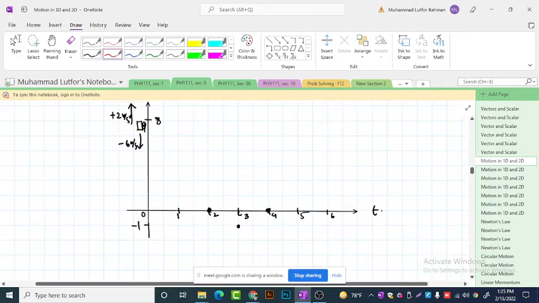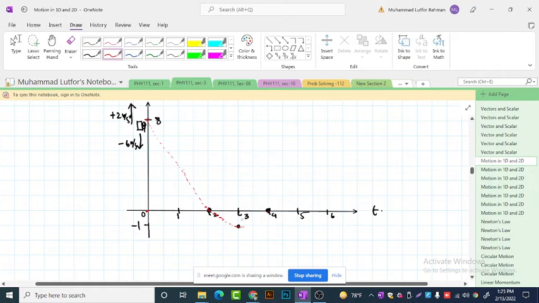When I start counting time, at that moment, it starts from 8 meters positive. Since its velocity vector and acceleration vector are in two different directions, it will slow down and slowly follow that path. At t equal to 2 seconds, it would be over here, at t equal to 3 seconds over here, and at t equal to 4 seconds over here.